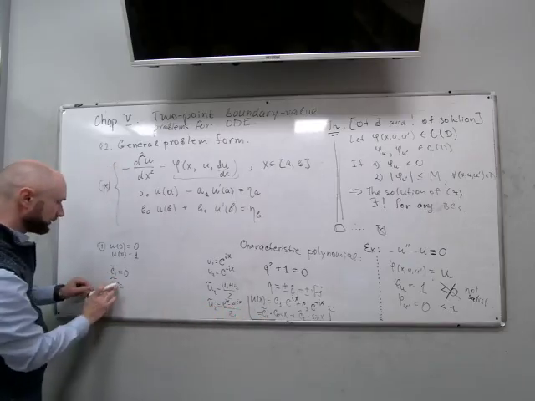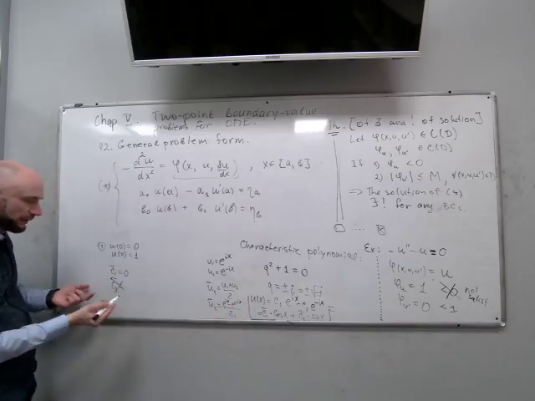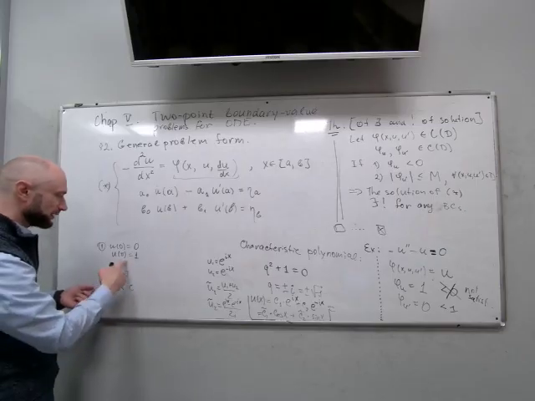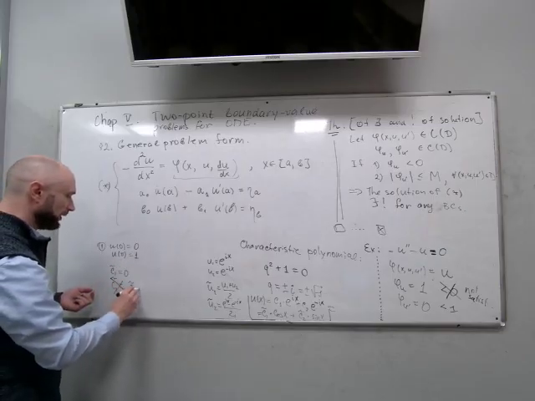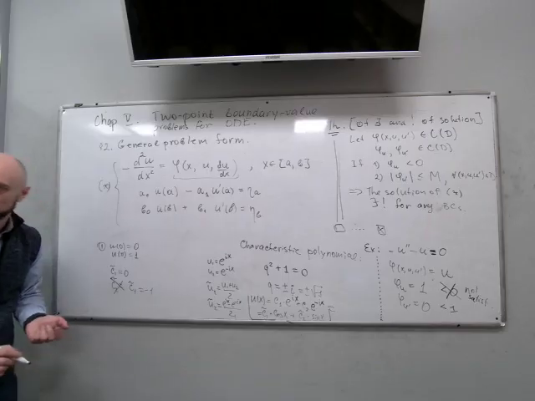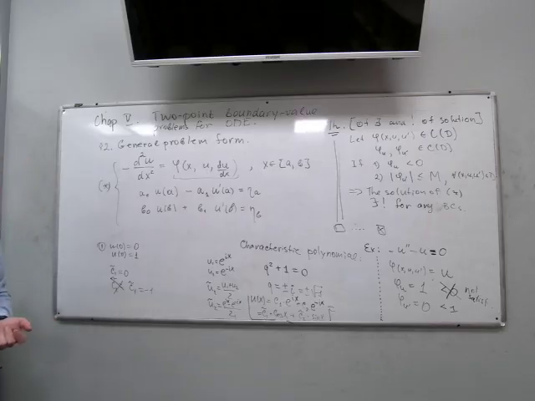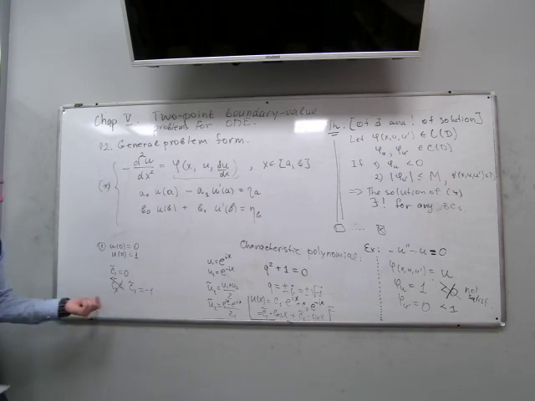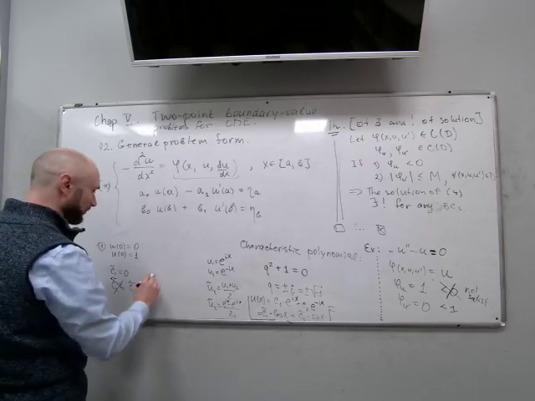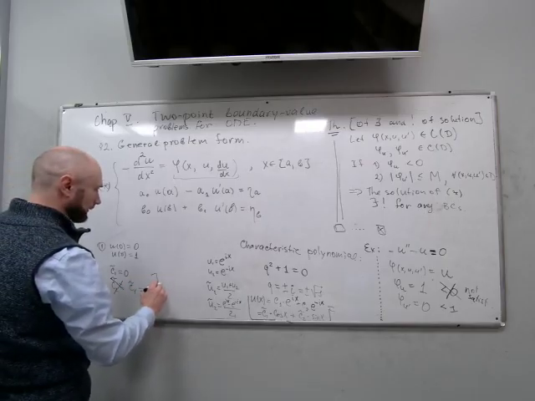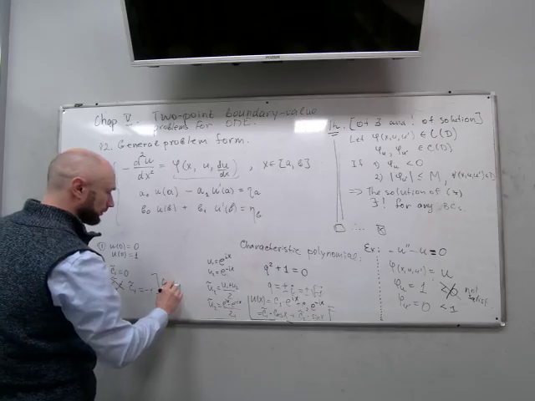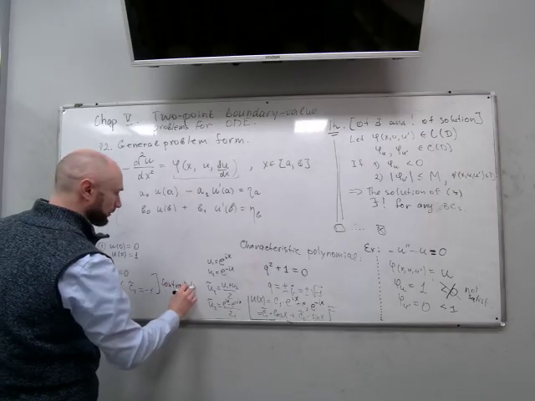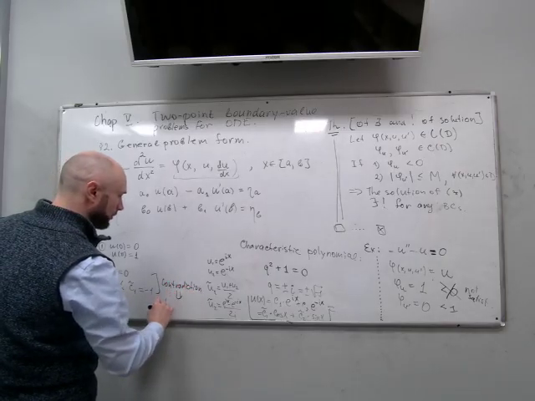Then C2 is not possible to recover from here, but the second point says that C1 is minus 1. Right. C1 is 0 and C1 is minus 1. It's impossible, so contradiction. No solution.